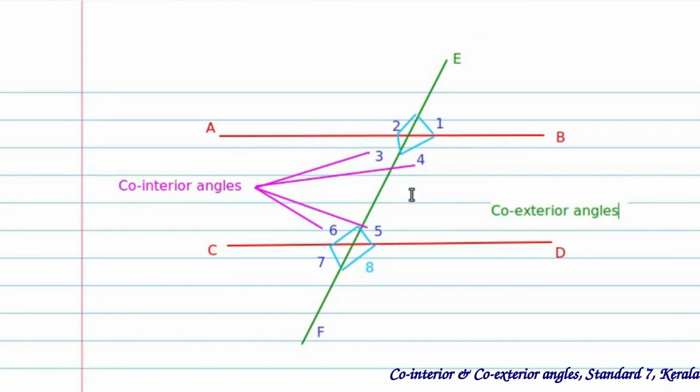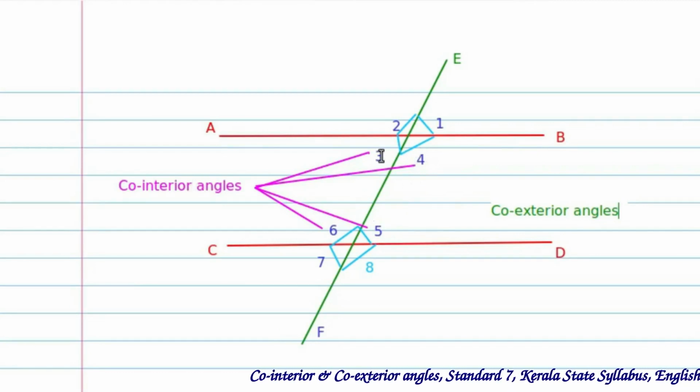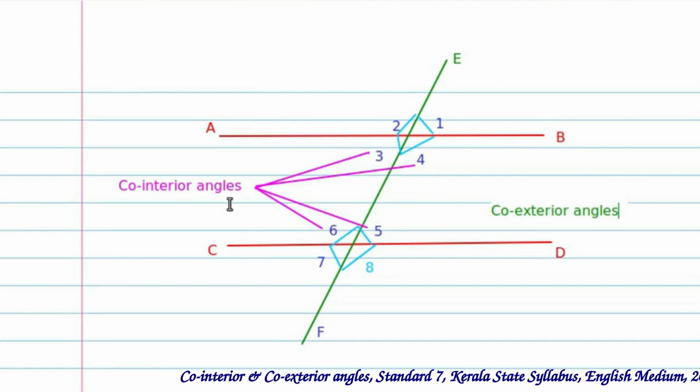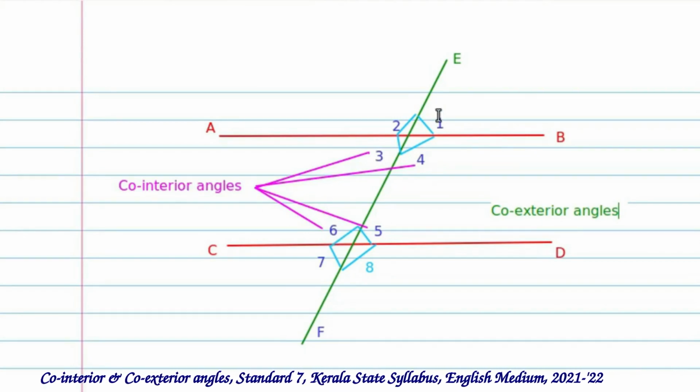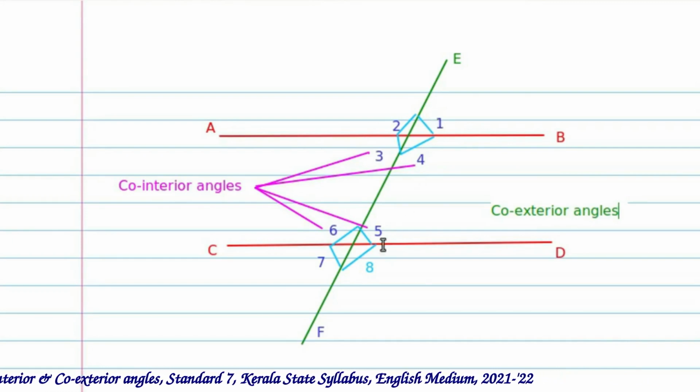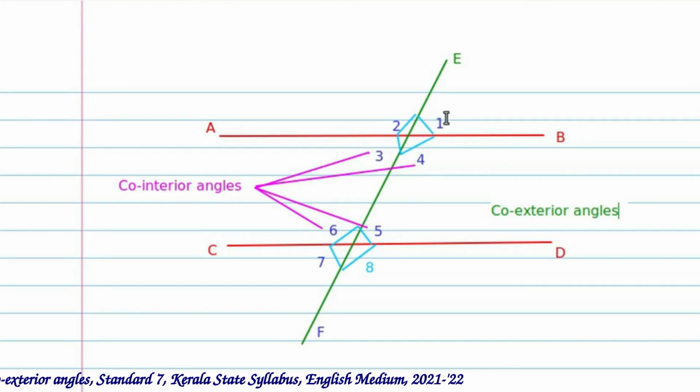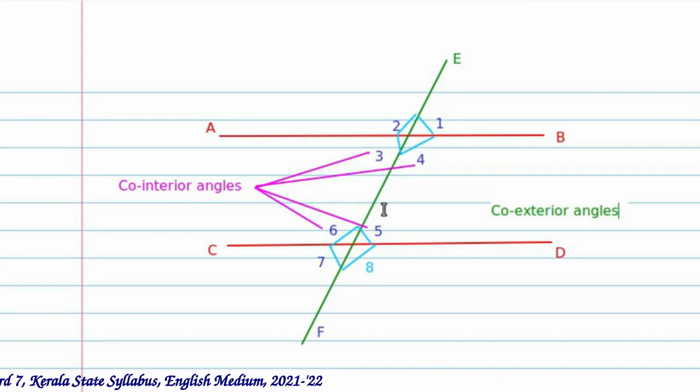So angles 4 and 5 are co-interior angles, and angles 3 and 6 are co-interior angles. Just like that, for exterior angles, here it is 1 and this 8. So angle 1 and angle 8, these 2 angles are co-exterior angles.